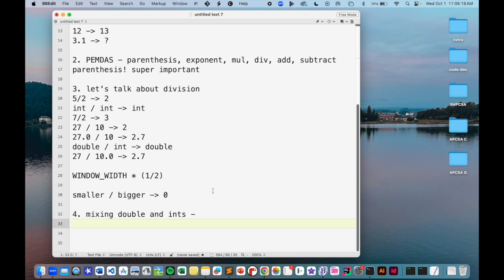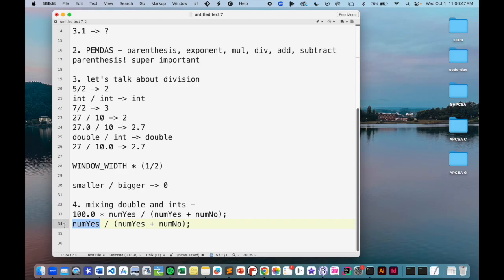In the voting machine program that we wrote a while back, we wrote something like this: 100.0 times num yes divided by num yes plus num no. There was a reason we did 100.0 here. That's because I wanted to bring the entire mathematical equation into the land of doubles. If we think about what would have happened if I just had 100, isn't this a smaller number divided by a bigger number?